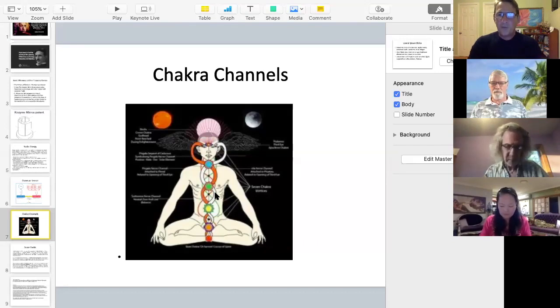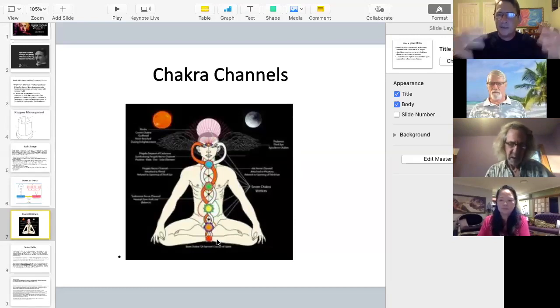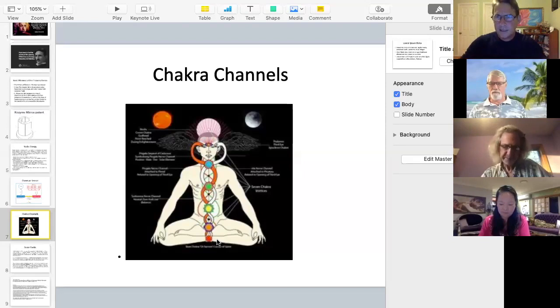So this is how the body generates scalar waves. We have an energetic system built in that creates scalar waves. Our whole system is designed to work on higher dimensional energy, which at the etheric level we call prana, life force, or chi. We have a way of integrating this environmental energy from different dimensions, bringing it through the fields, through the chakras, into the meridians, and into the cells.